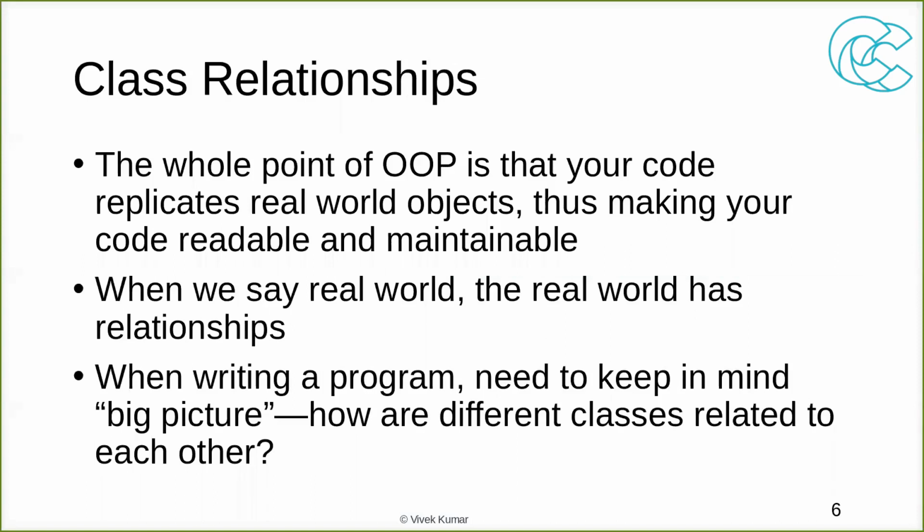So, like I said, we'll be looking at these relationships between the classes, and there are broadly 3 types of relationships. Right? And whatever relationships we put in the design phase should capture the relationships that also happen in the real world.